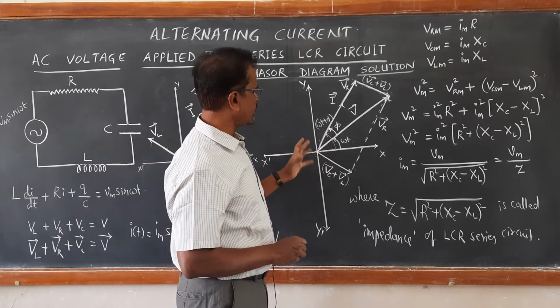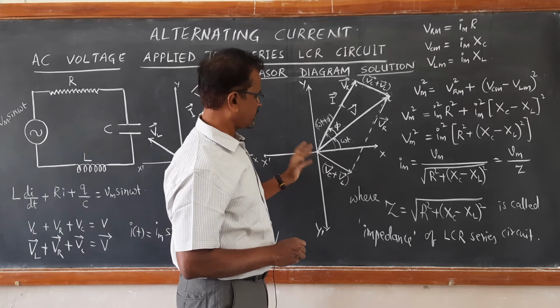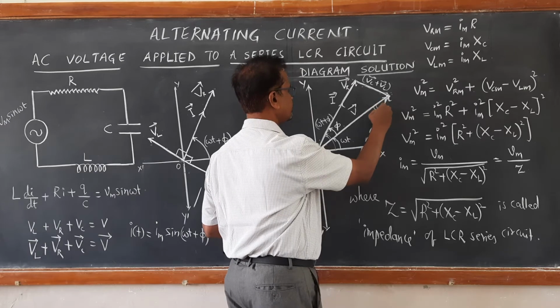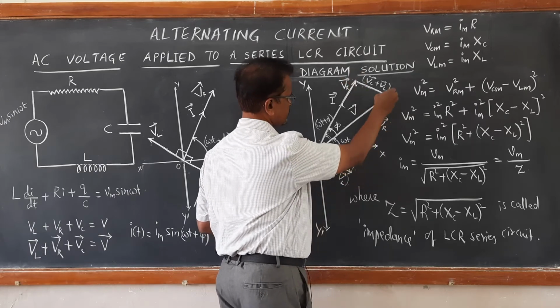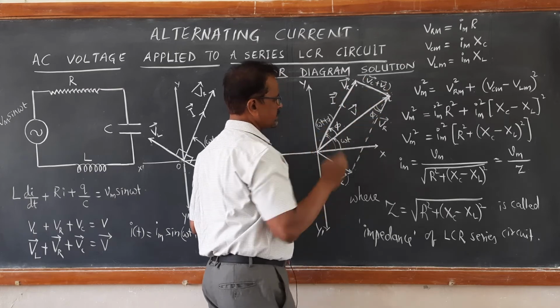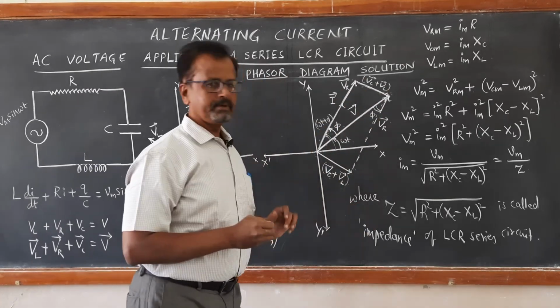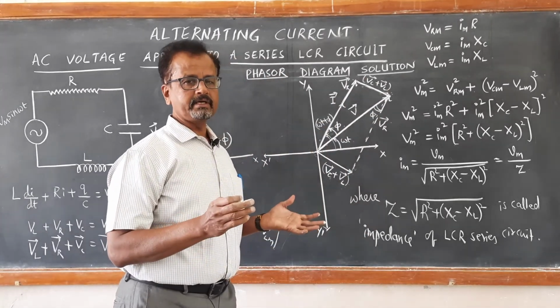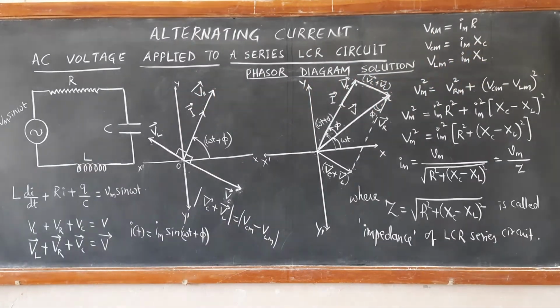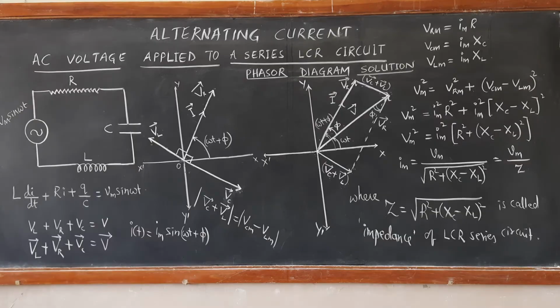So now we can draw the right angle triangle, which is also equivalent to this, with the phase angle phi here. Either you can take this triangle or this right angle triangle to remember impedance. That's what we are calling the impedance diagram. Let us draw the impedance diagram to remember conveniently.